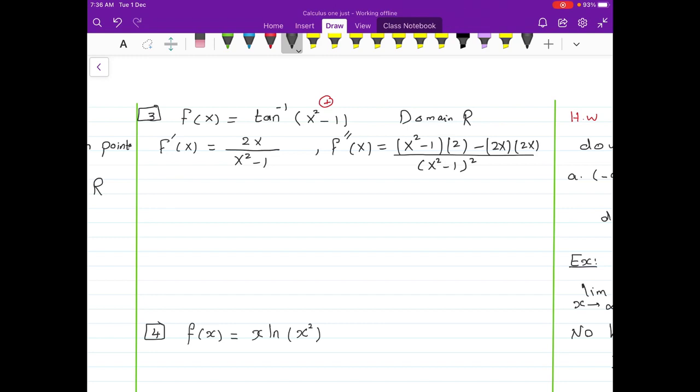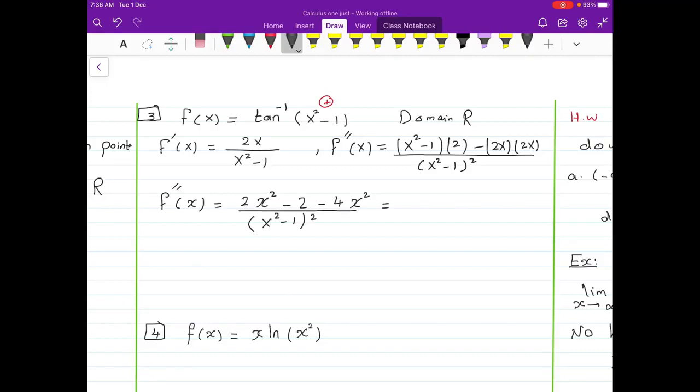Okay, now we want to simplify f double prime of x. So we get f double prime of x equals 2 times (x squared minus 2 minus 4x squared) over (x squared minus 1) squared.